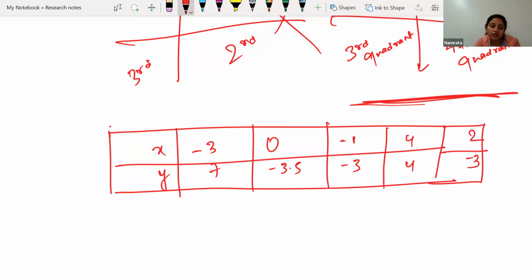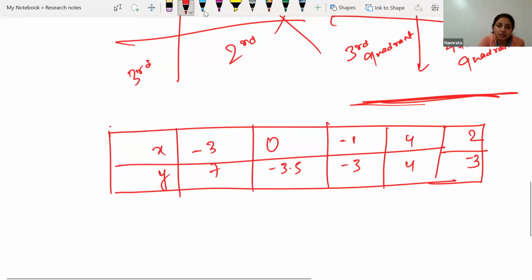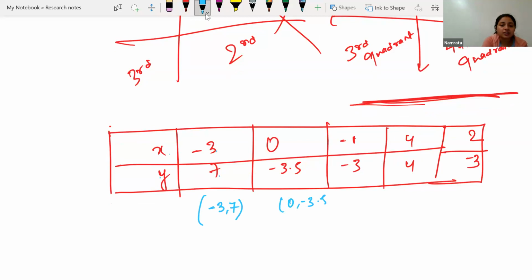If the table or ordered pairs are given, you can see the coordinates are given. x is minus 3, y is 7. Written in coordinate form, the first point is (minus 3, 7), the next point is (0, minus 3.5), the next point is (minus 1, minus 3), the next point is (4, 4), and the next point is (2, negative 3). Will you be able to represent it on the coordinate axis?